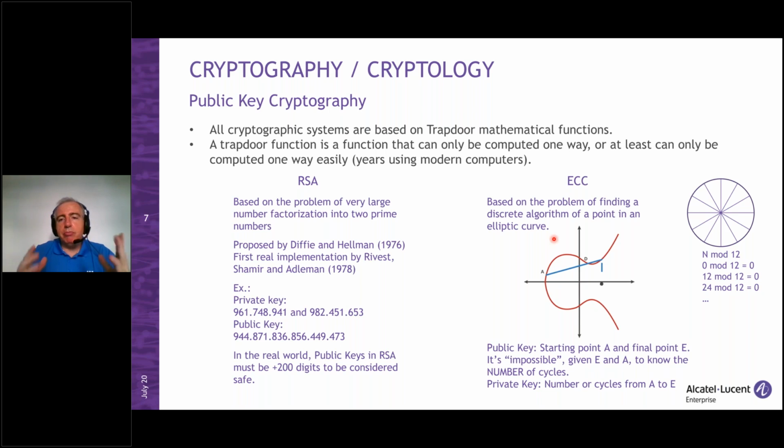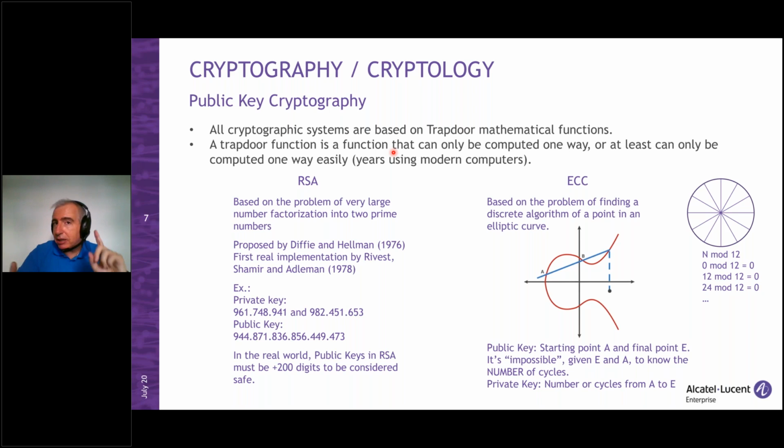I will not go into many details, but I think it's needed. In this case, all cryptography systems are based on what are called trapdoor functions, or P versus NP like this morning, which is the mathematical way of saying trapdoor functions. Trapdoors are functions that you can go one way very easily, but it's very difficult to go the other way. You can do it if you know all the parameters.